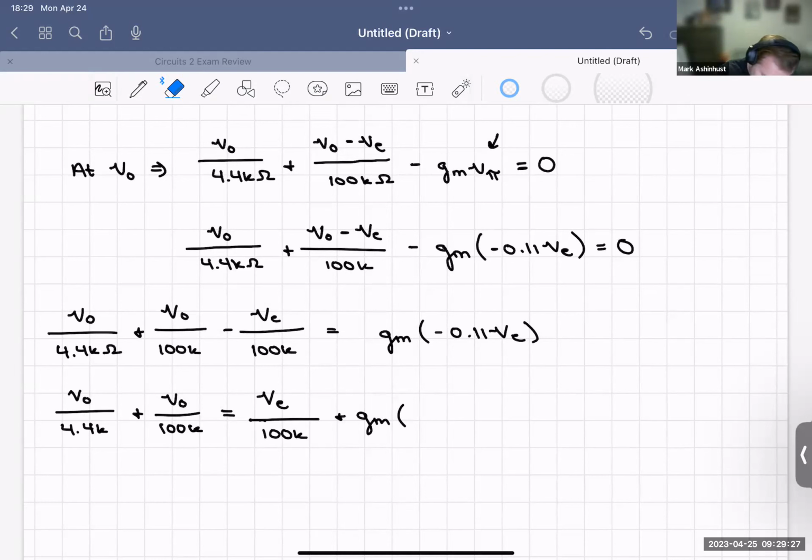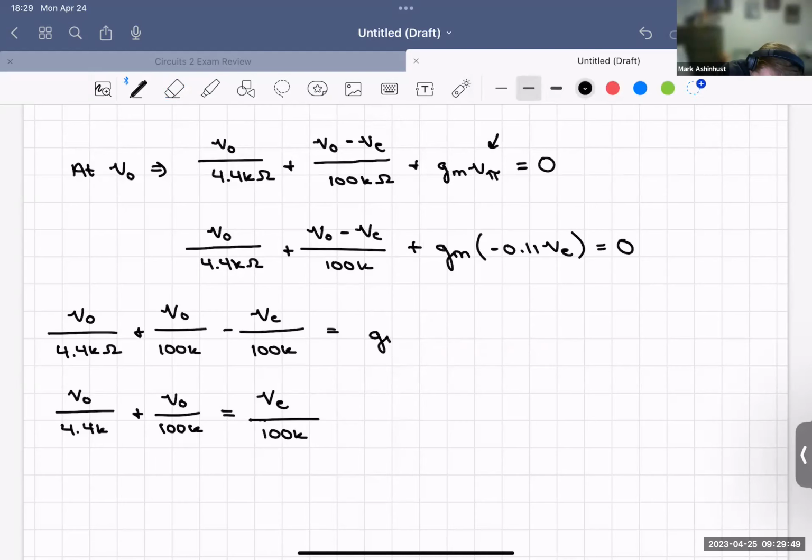Actually, I'm wrong. It is plus. I forgot about that negative. We have that negative 0.11 VE. So when we moved this over, we did negative GM times the negative 0.11 VE. So this is actually positive GM and then positive 0.11 voltage at the emitter.